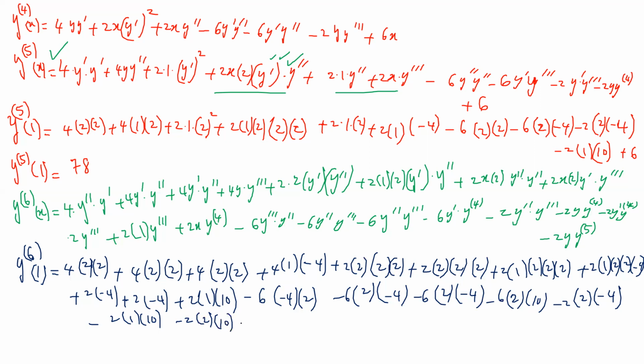It's 10. y is 1. And the fifth one, we got it to be 78. The question we're asking is, after all these, what is the result of this long calculation? The sixth derivative evaluated at 1 is going to be minus 152.